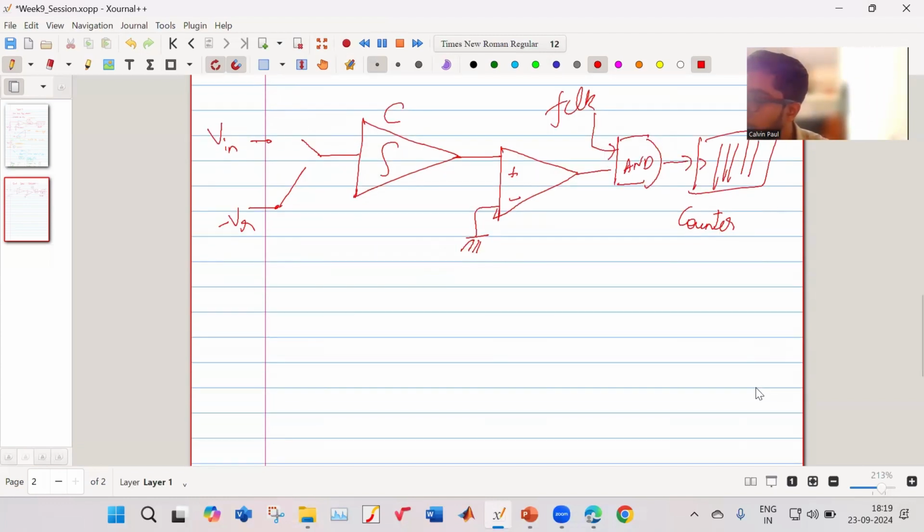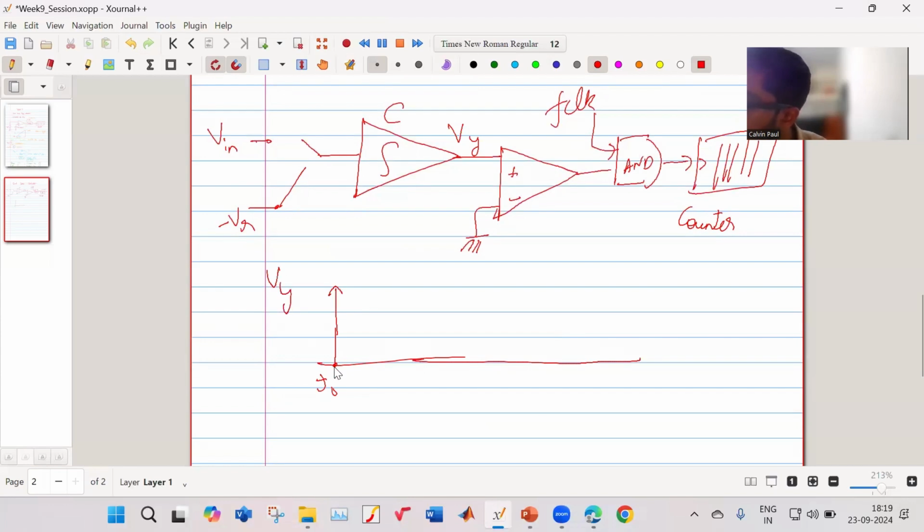Suppose there's a time t0. This is my Vy, let us assume, and this is my time t0. This is a plot of Vy.